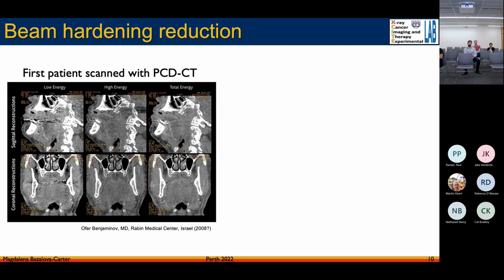And this is actually shown on this data set, which I find very interesting, and I haven't really read up too much on the history of PCT-CT. But you can see over here, this was apparently the first patient scanned with photon-counting CT. It's interesting, it was done in Israel, I believe on a GE scanner, in 2008.